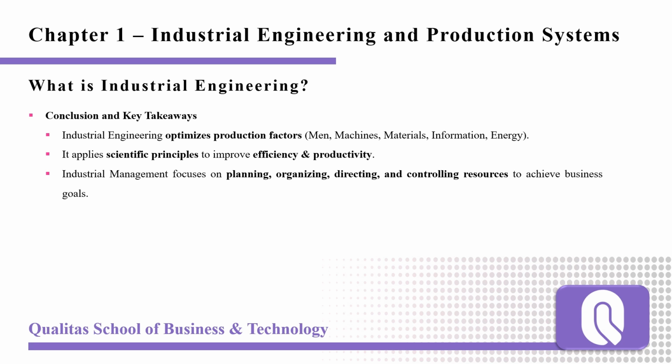The key message I want you to take away is this: industrial engineering provides the tools and methods for optimization, while industrial management ensures that optimizations are successfully implemented and sustained. I've seen this partnership create remarkable transformations in businesses across various industries.